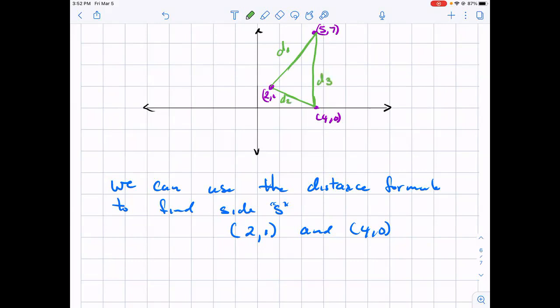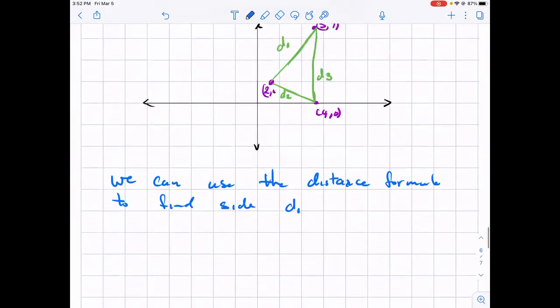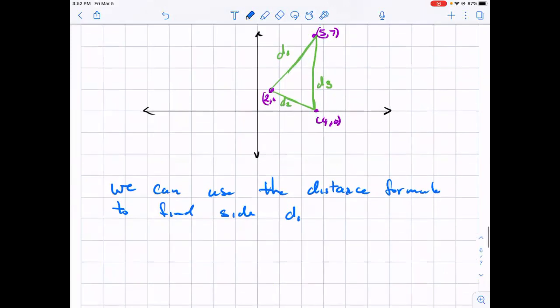And then we just, here, let's put them in order. So D1, and for D1, we have 2 points. We have the points 2, 1, and 5, 7. So let's find them in order.